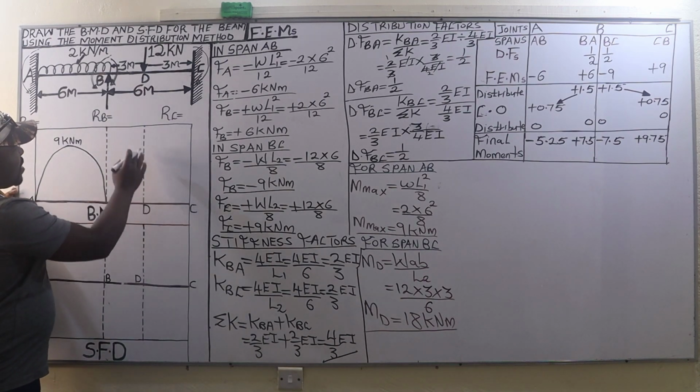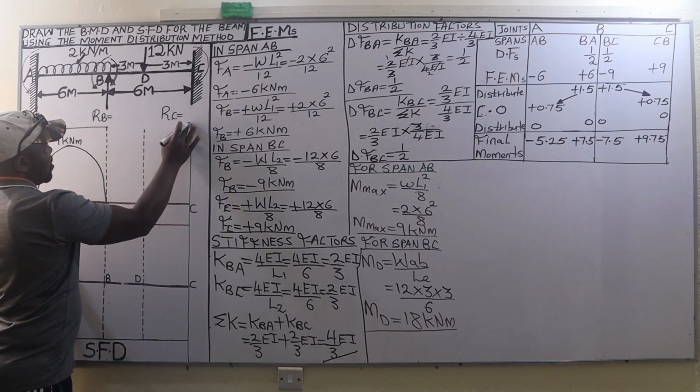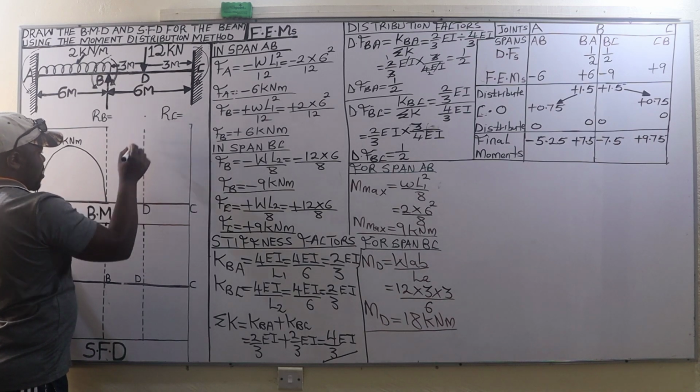Then for the span BC, the bending moment at D, that is 18 kilonewtons meter. So 18 might go all the way up to that point.